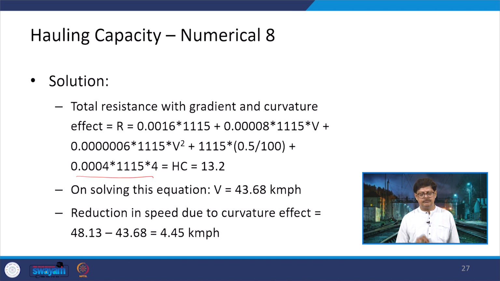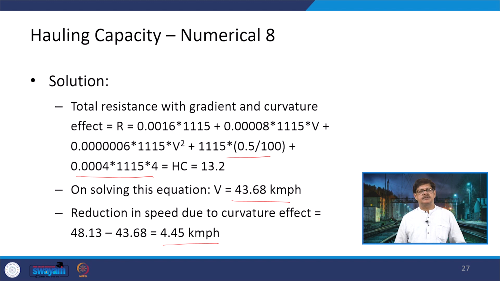If we put all of these values again along with the gradient and create this equation for the resistances and solve it for V, what we get is 43.68 kilometers per hour. Previously it reduced to 48.13, now it has reduced to 43.68. So, there is a further reduction of 4.45 kilometers per hour.